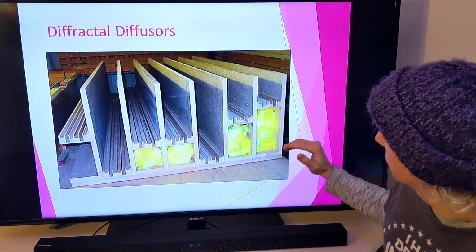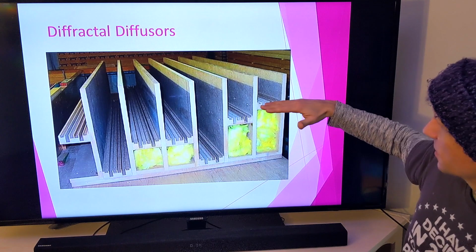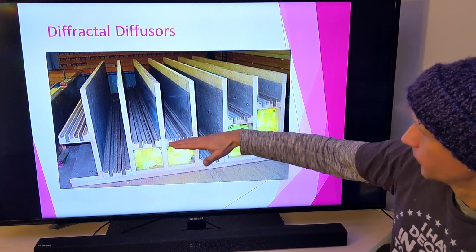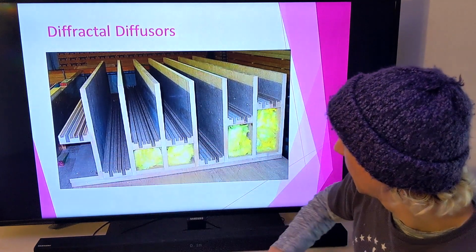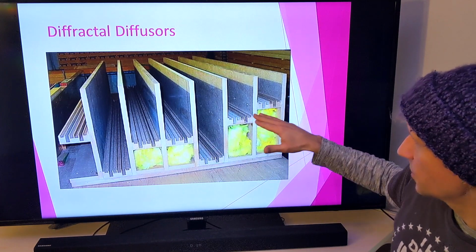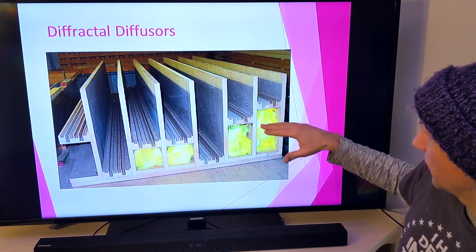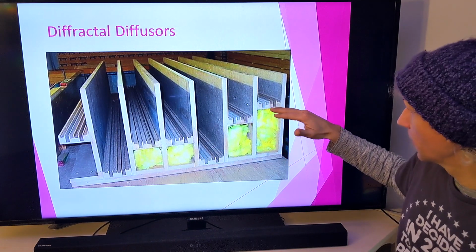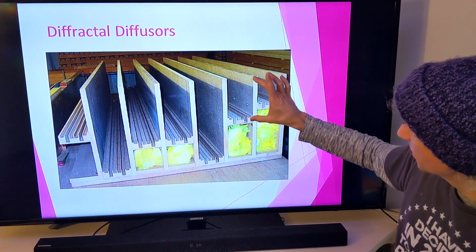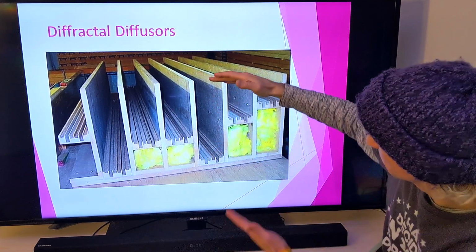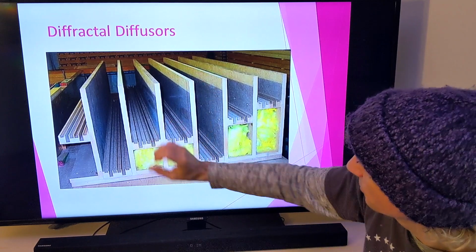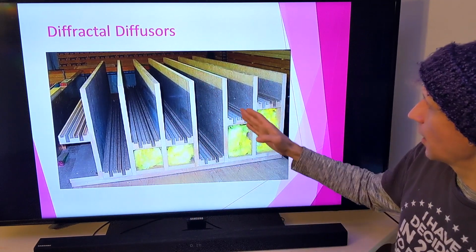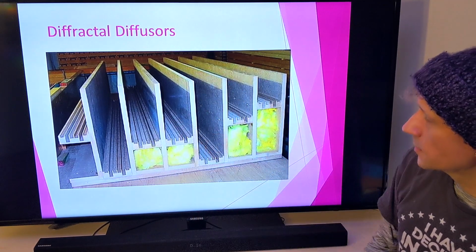So if you take a look, you can see here this large scale diffuser. And this is, again, actually, I think based on our prime number sequence of 5, yep, that we've seen a couple times today already. And so these depths here, this depth and this width, is designed to counteract low frequencies.